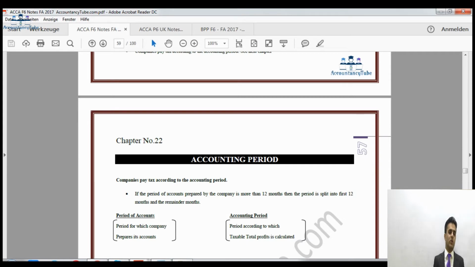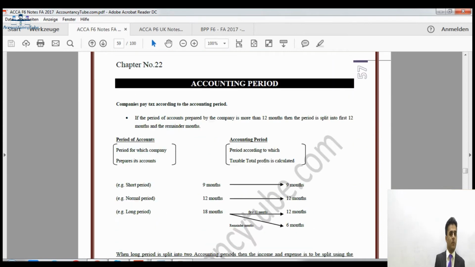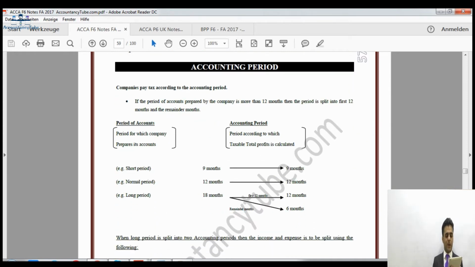Shareholders are the owners of the companies, and shareholders are normally not involved in the running of the businesses, so there won't be any private use of the car. And private use of the directors, private use of the employees is not a private use anyway. So private use means private use of the owner. In case of companies, shareholders are not normally involved in the businesses.